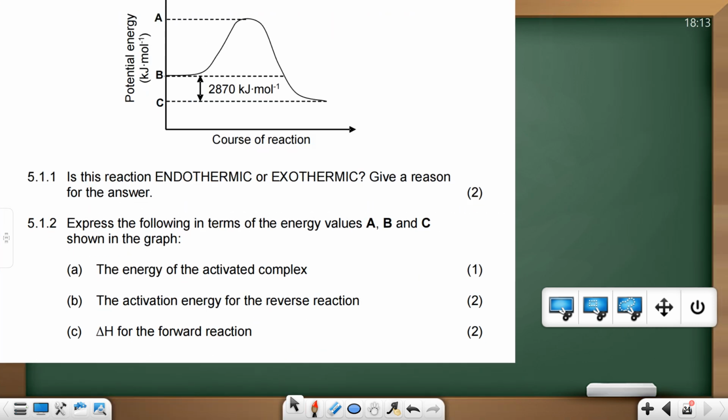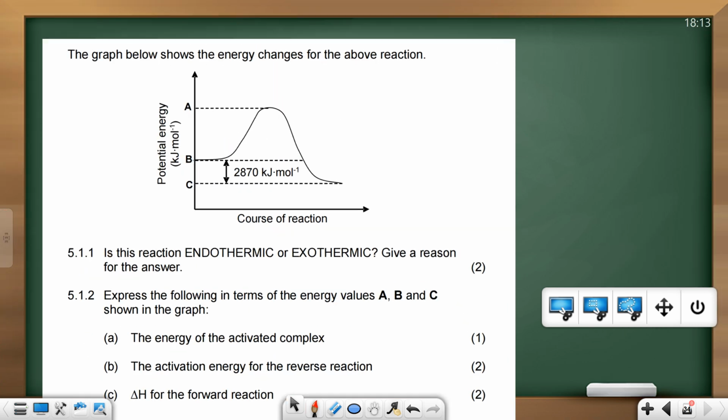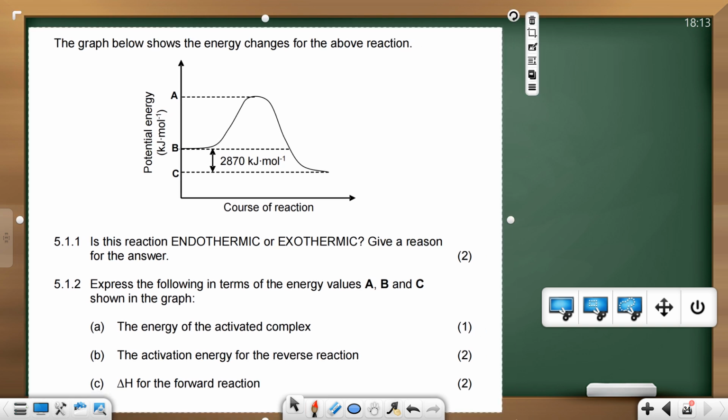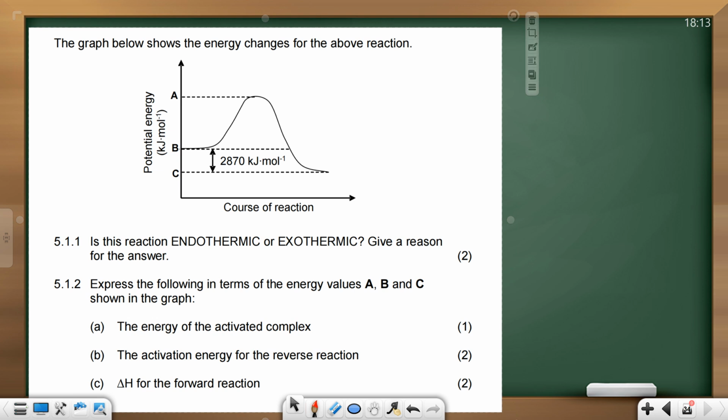This is grade 11. Express the following in terms of values of A, B, and C shown in the graph. What is the activated complex? A, B, or C? Activated complex, A, B, or C?